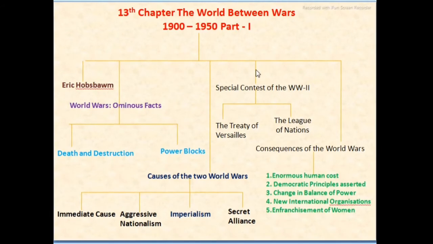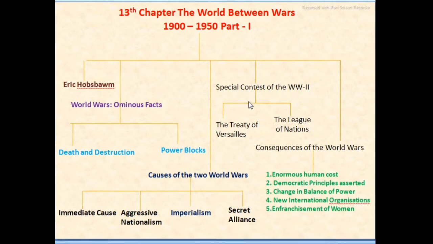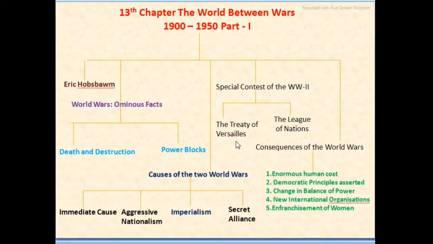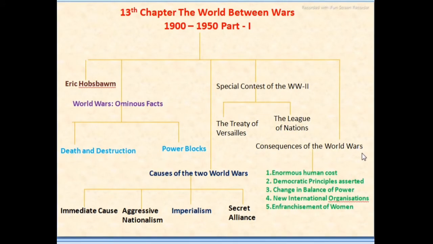So coming to the fourth part of this chapter will be special context of the World War II. Again, it has been divided into the Treaty of Versailles and the League of Nations. The last and the final part is consequences of the world wars.